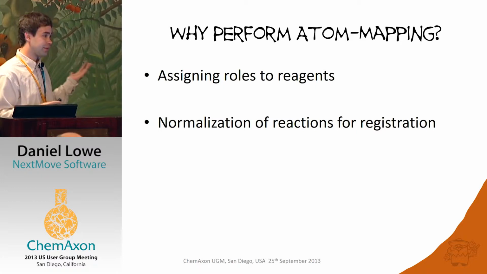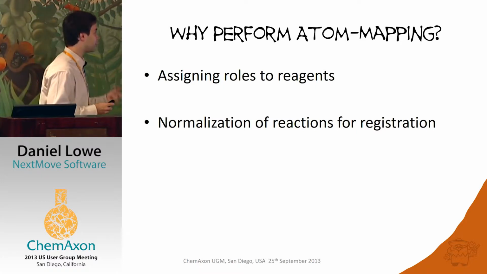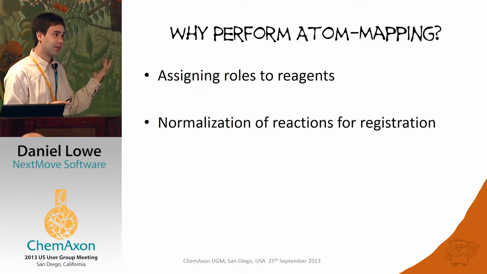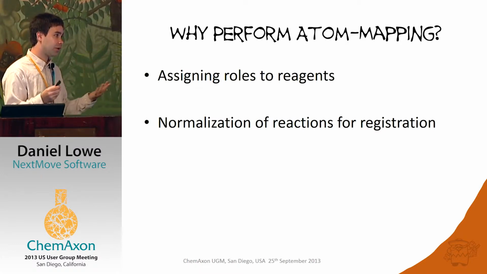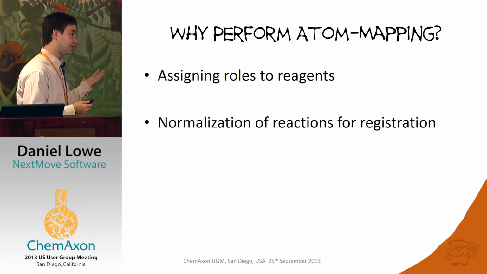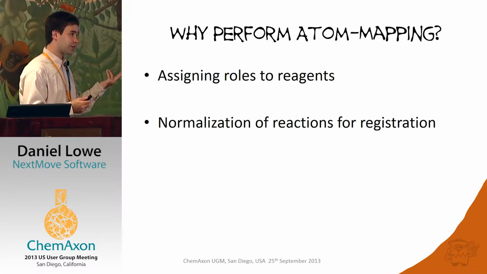Okay, and so why would you want to perform atom mapping? There are multiple reasons. Here's a couple to start off with. You can use it as a way of assisting in classifying the reagents by whether they contribute to the product, potentially. And it's potentially of use in registration systems.